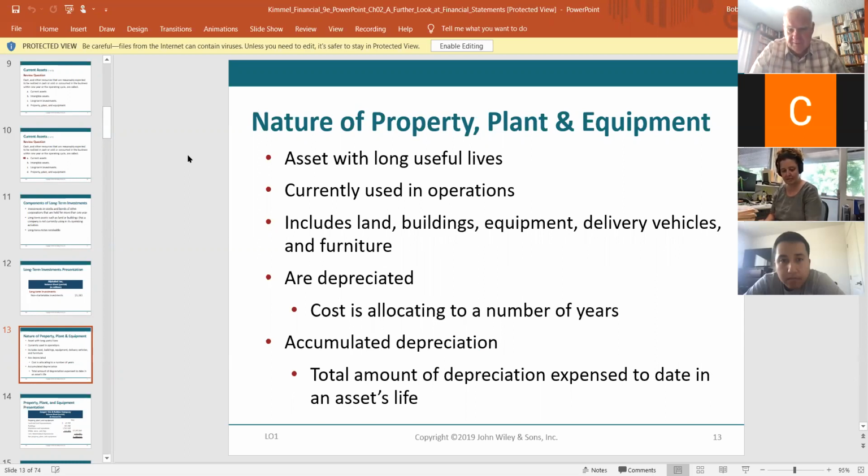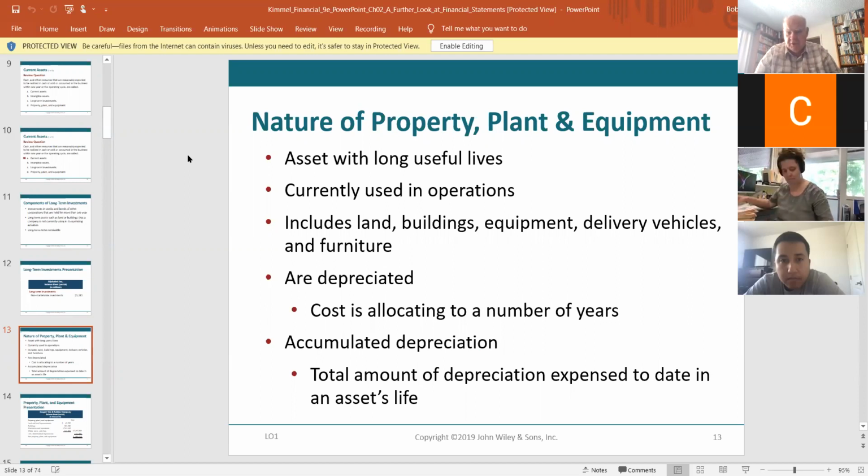They include land, buildings, equipment, vehicles, whatever you can think of. And they're depreciated. They are depreciated over the life of the asset. And that depreciation expense is allocated over a number of years. You could do it on basis perhaps of straight line depreciation or other calculations.